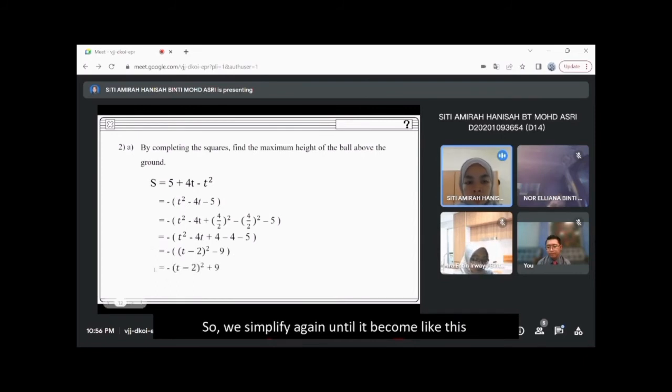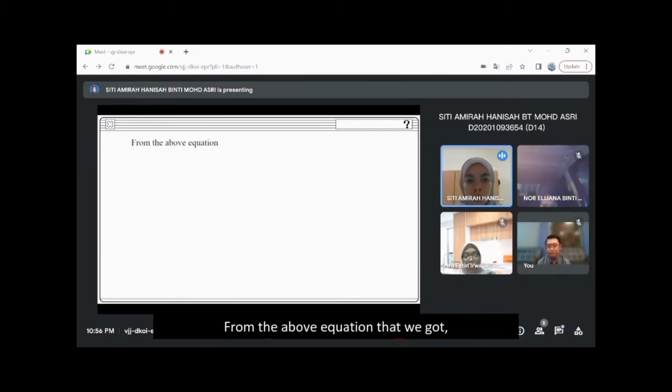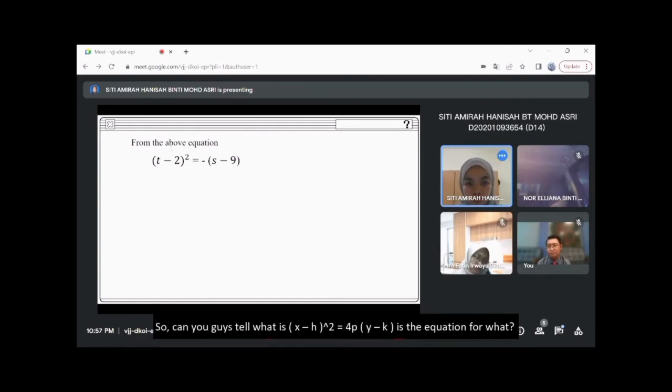Simplifying again, s equal to negative t minus 2 squared plus 9. From this equation, we rearrange it, the t minus 2 squared to the left and s to the right.